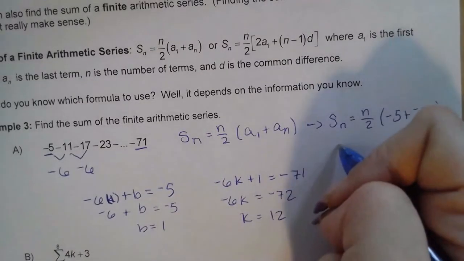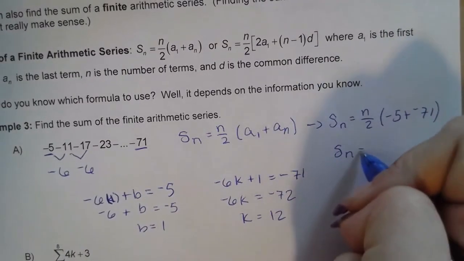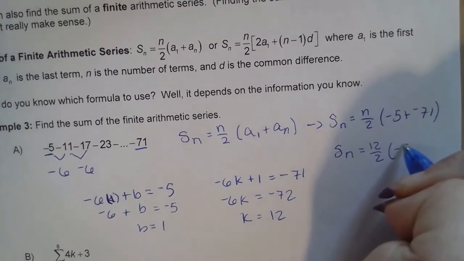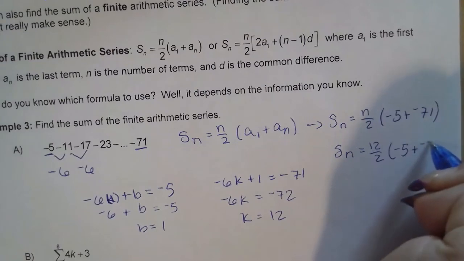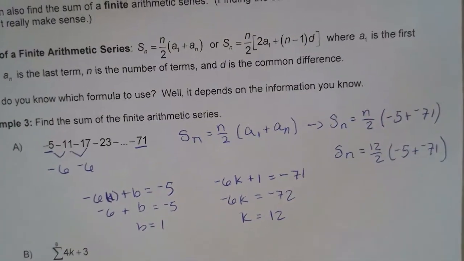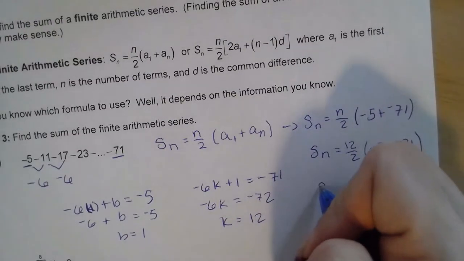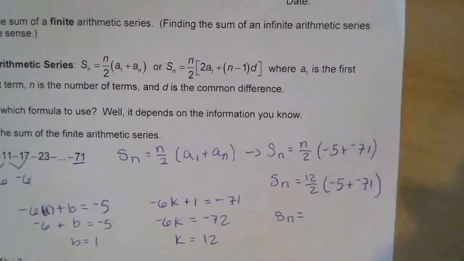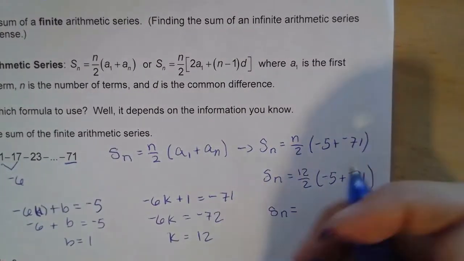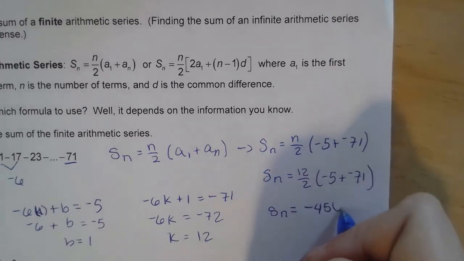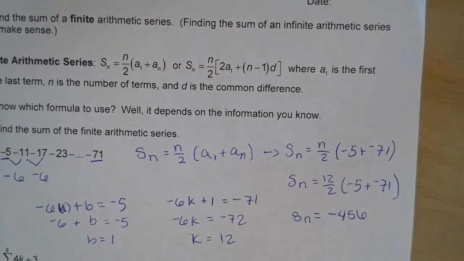So now I can look at this as the sum is 12 over 2 times -5 plus -71. And now if I do that in my calculator, because it's going to be easier, that means the sum of this series is going to be -456.